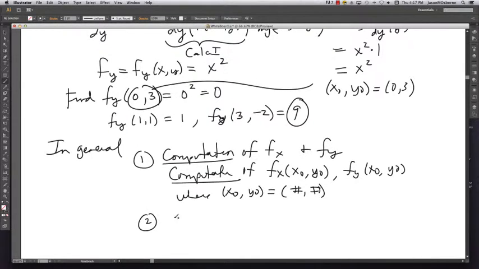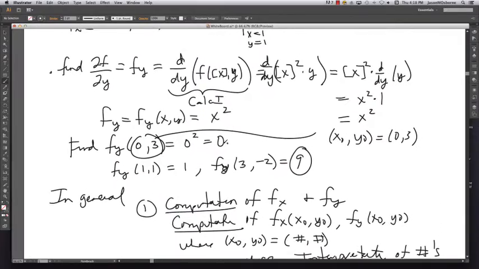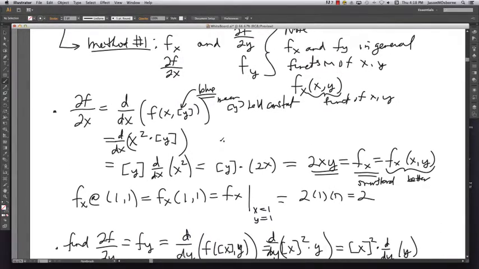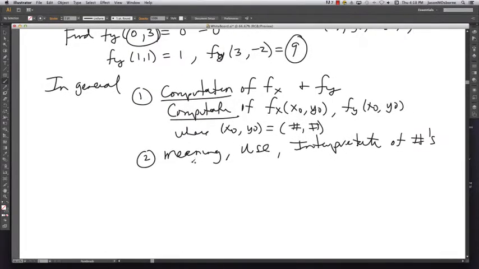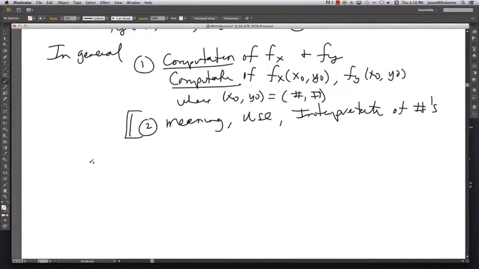The second thing that you really need to talk about is the meaning of these numbers and the use and interpretation of these numbers. Okay, so let me show you the second method for computing partial derivatives, and then in the second video I will discuss more on the meaning. So in this video we'll just focus on the computation of these partial derivatives.